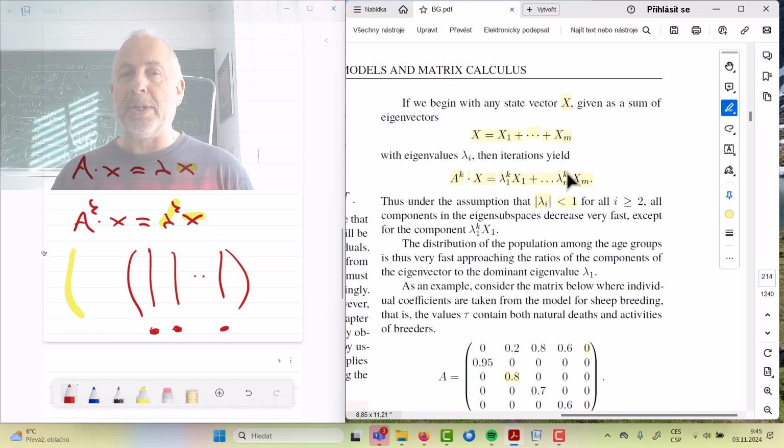But what about the case where it's not diagonalizable? And that's one of the reasons we shall spend some time with what we shall call in the future Jordan canonical form of the matrices.